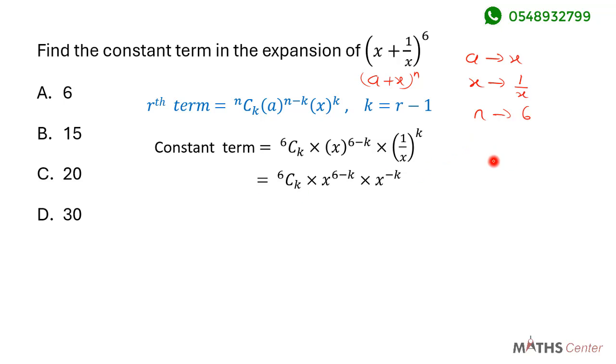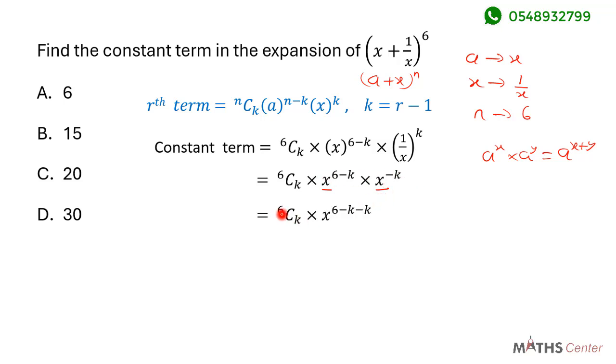So from indices, we know that if we have a exponent x times a exponent y, you can write it as a exponent x plus y. Here we have x here, we have x here, they are multiplying. They have the same base, so we can add the exponents.